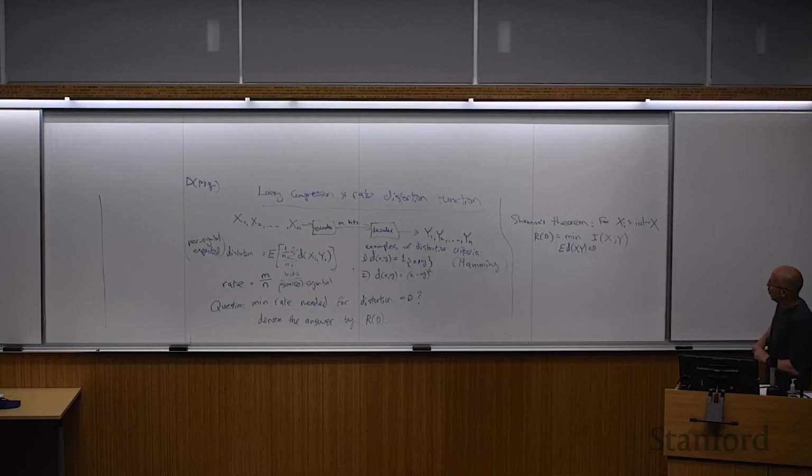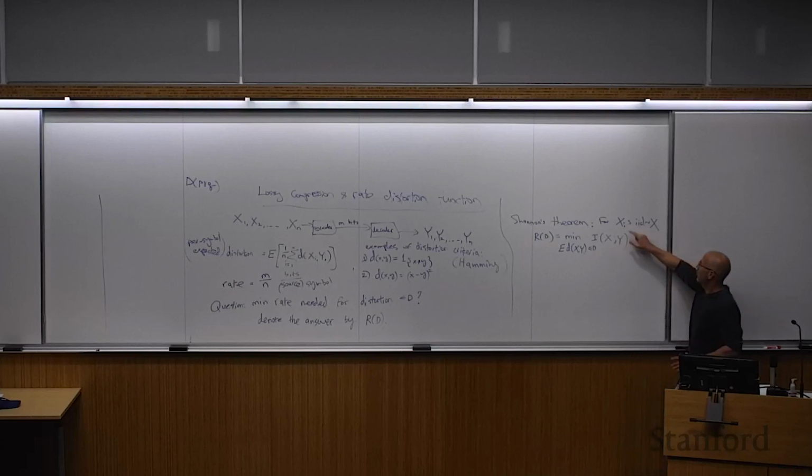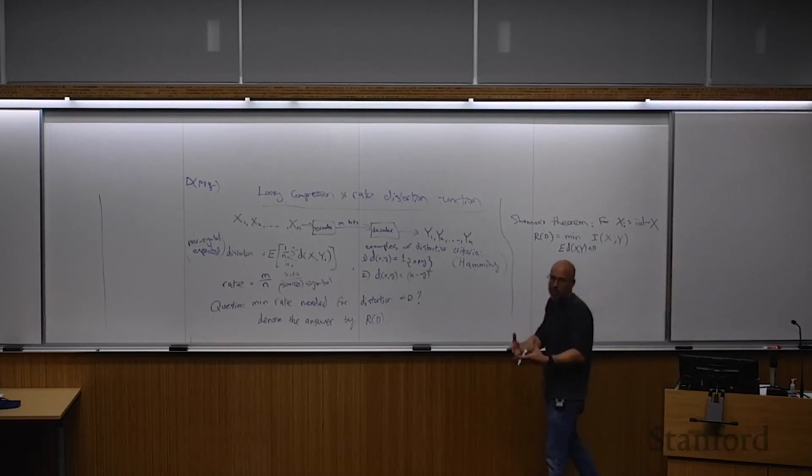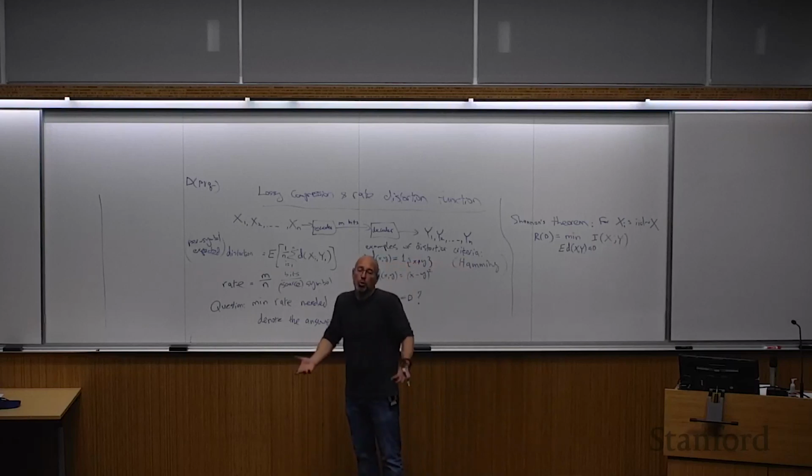Okay, so just to be slightly more explicit, again, the distribution of the source of these xi's, X, is given to you. That's not something you can control. That's the characteristic of your source of information.